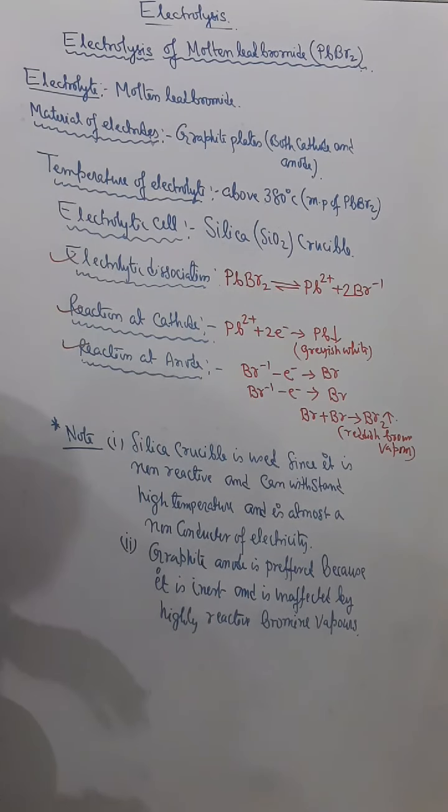So it may react if I take any other type of anode, say copper or zinc, or any other metal anode. They will react, therefore we use graphite. Graphite anode is preferred because it is inert and is unaffected by highly reactive bromine vapors. Okay, understand?